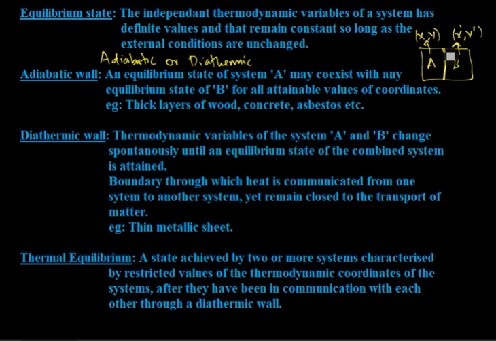Then if the wall separating the systems A and B is able to withstand the stresses due to the difference in the pairs of coordinates, then the system A will coexist in equilibrium with the system B for all attainable values of x prime and y prime.